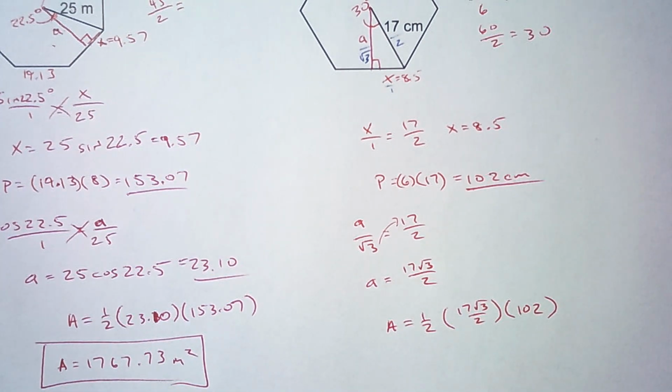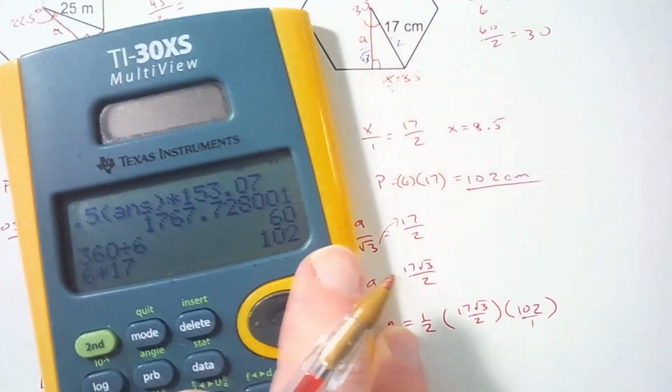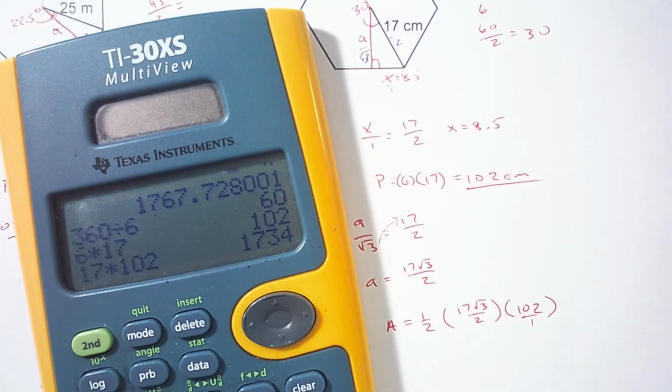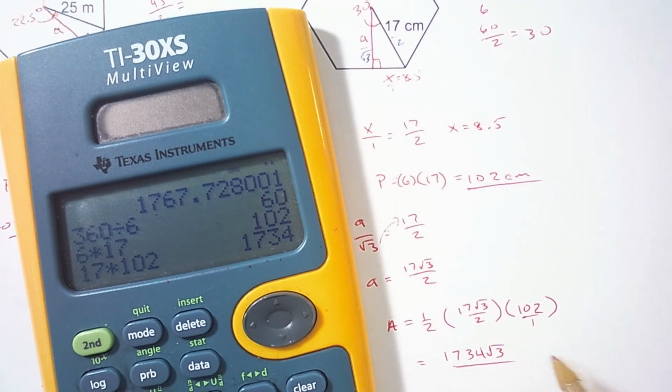I'm going to write my answer in two ways: as an exact answer, and then as an approximate answer. If I put this 102 over 1, now I'm going to multiply straight across the numerator. I've got 1 times 17 root 3 times 102. 17 times 102 is 1734. So I get 1734 root 3 over 2 times 1 times 2, which is 4.